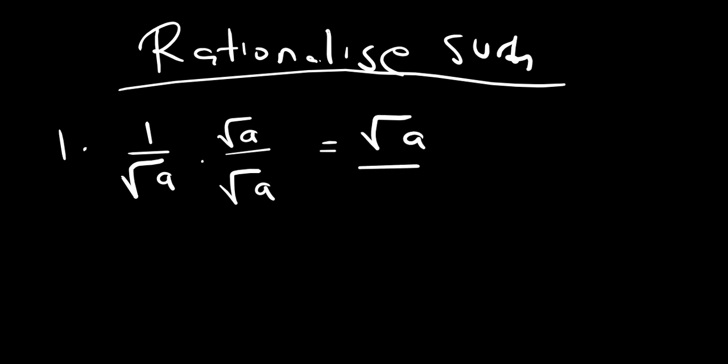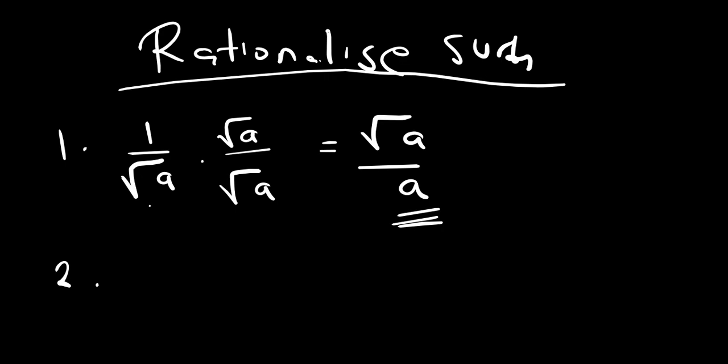Then root a multiplied by root a just gives us a. You've removed the root that was down. There was a root down here, but you've removed it. And that's what we call rationalization.